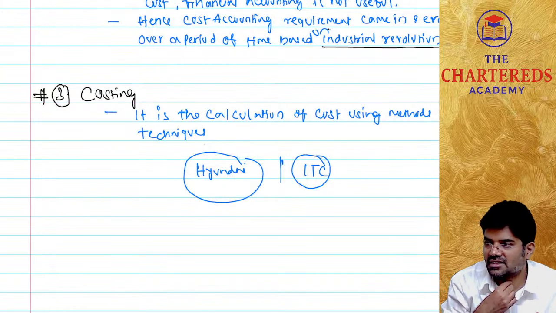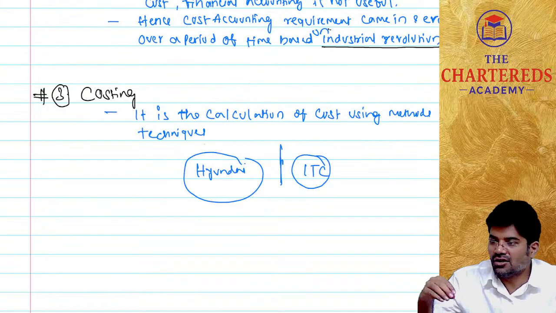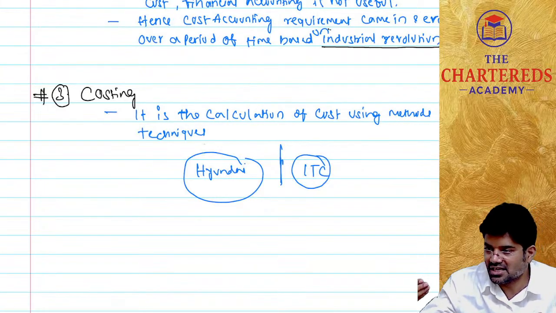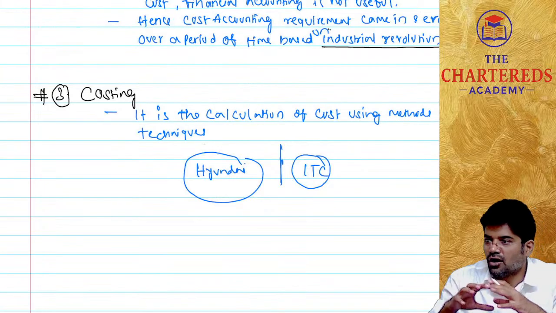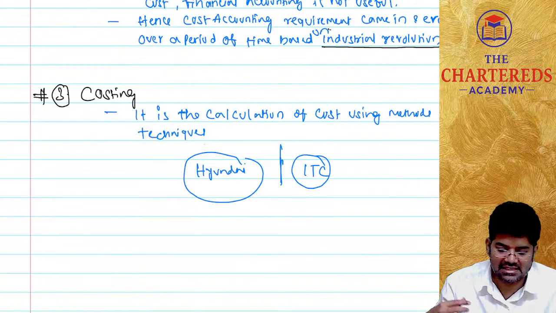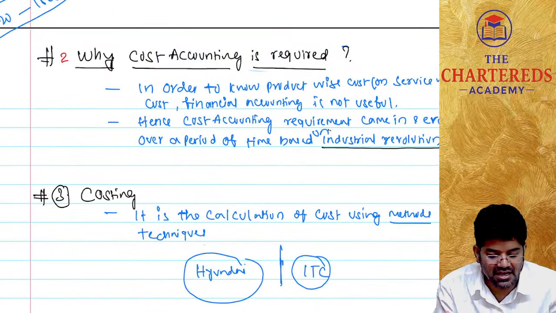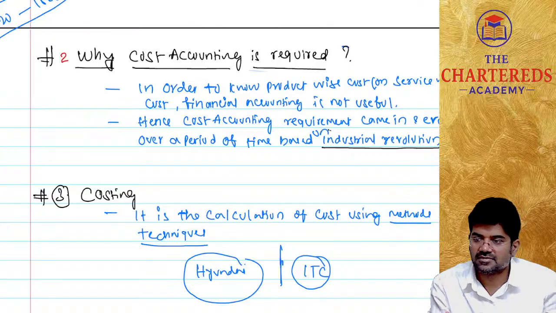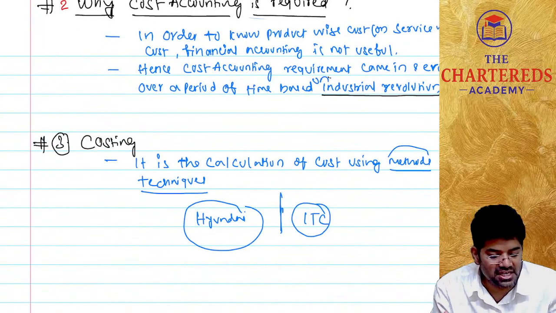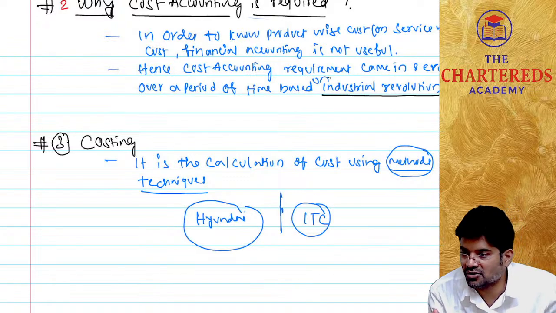No. So that means depending on the nature of the production process, how we calculate cost will change. Are you getting? So that is what I have written here, using methods and techniques. Method will change according to the nature of production.